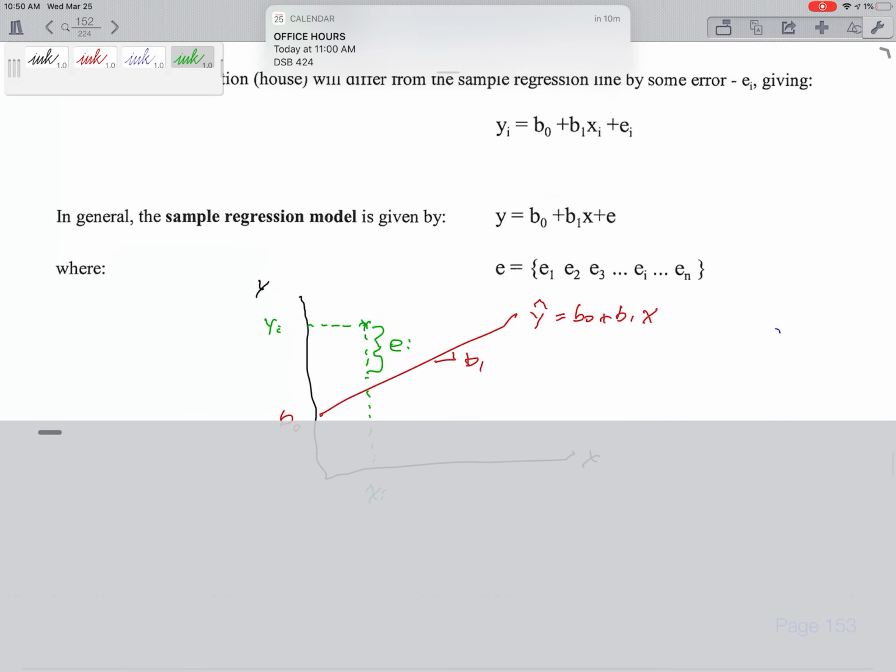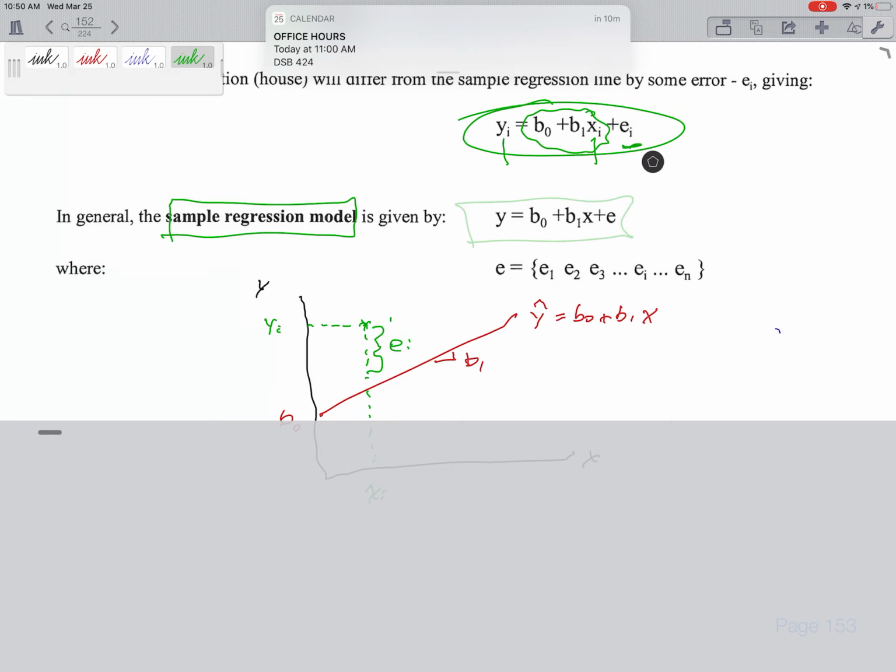And so what we have down here then is that for a specific house, you would have this relationship. A specific house, of course, has an x, has a y, and it's equal to the regression line plus some error term. So in this particular case, the error would be positive. And so the sample regression model is given by this relationship.